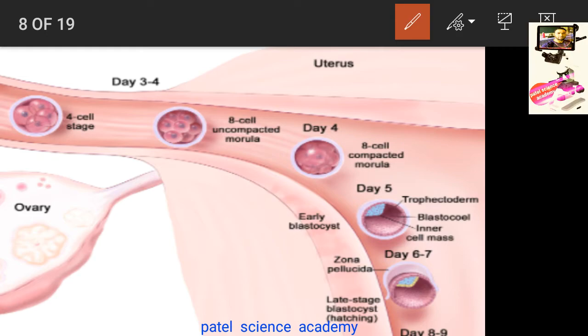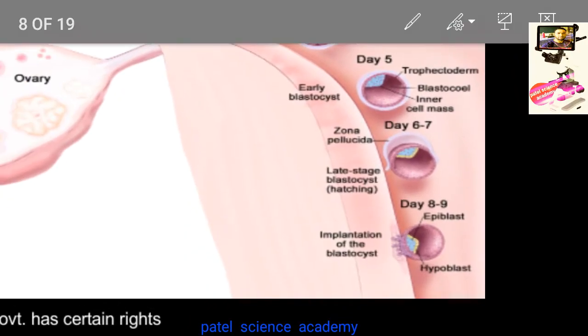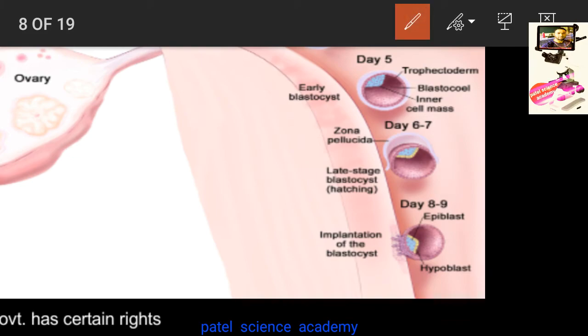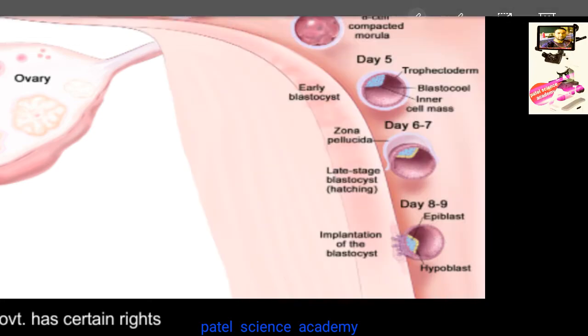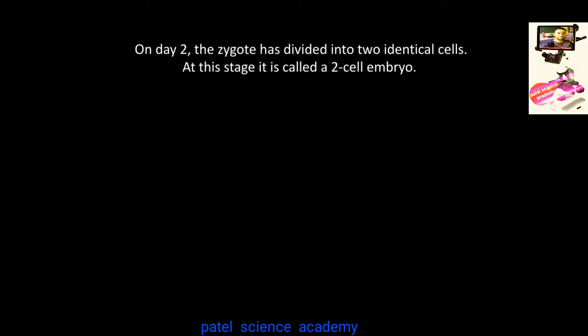That next developmental stage you can see here, at day number 8 to 9, it assumes this structure, and it is called blastula. So one by one we'll see all these structures in the next slides. So dear student, these are the different changes that take place in the fallopian tube after the fertilization, one by one. Then what happens, we'll see now.